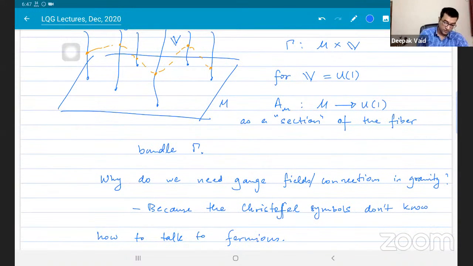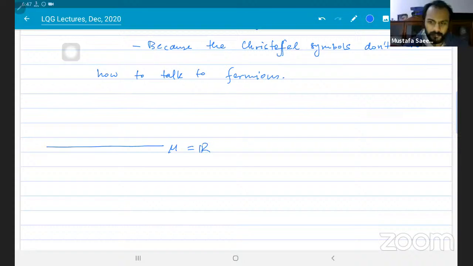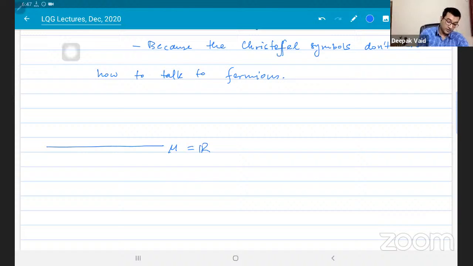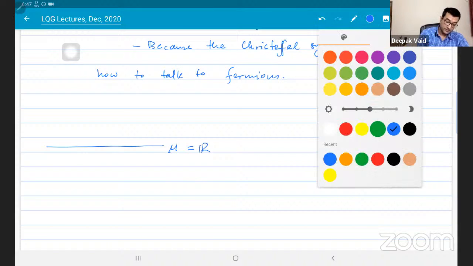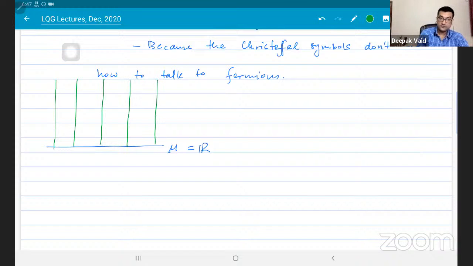Okay, let me draw a simpler picture. Let's say my base manifold is the real line. So I'm in one dimension, and at each point I have a fiber, and my fiber is a copy of my gauge group.